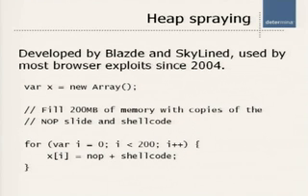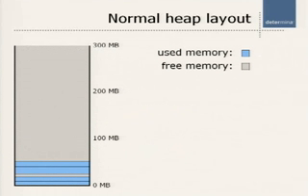So you can build a string that contains the bytes of your shellcode preceded by a long NOP sled, and you can fill the heap with this string. It's not always necessary to fill the entire heap. You can only do 200 megs like the code that's shown there. Here's how this looks in the actual memory address space. So this would be the heap of Internet Explorer.